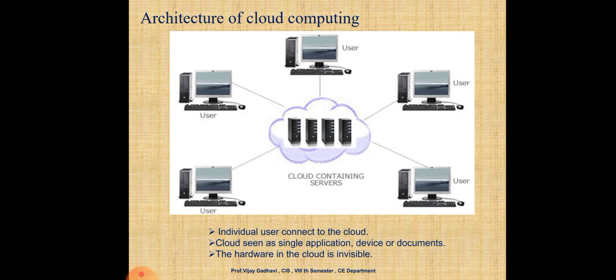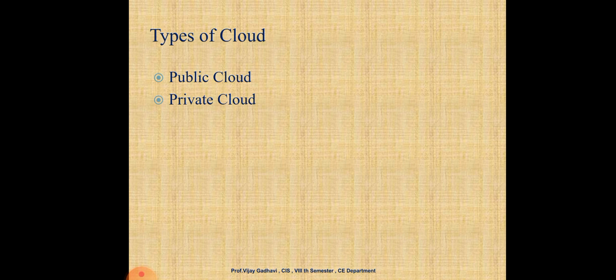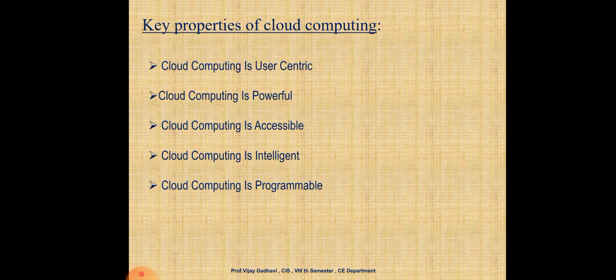The cloud is seen as a single application, device, or document, and the hardware in the cloud is invisible because all the services are provided by service providers. The types: first is public cloud and private cloud. The key properties we have already discussed: user-centric, powerful, accessible, intelligent, and programmable.